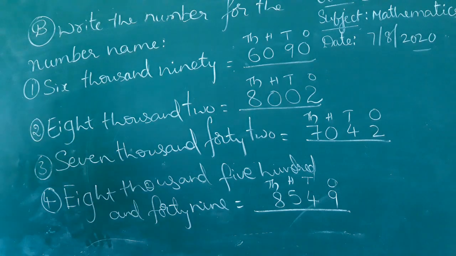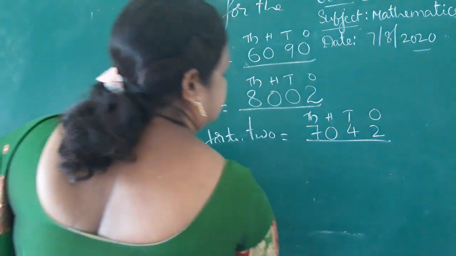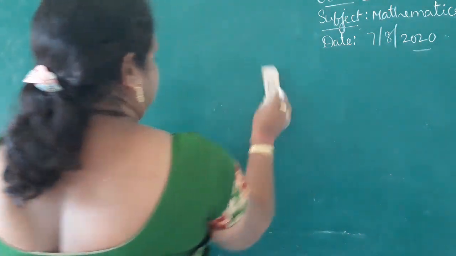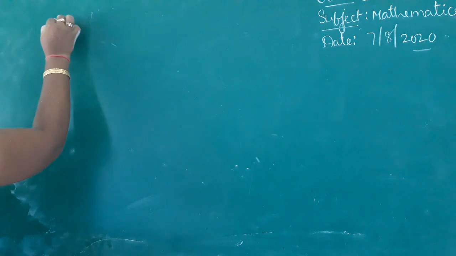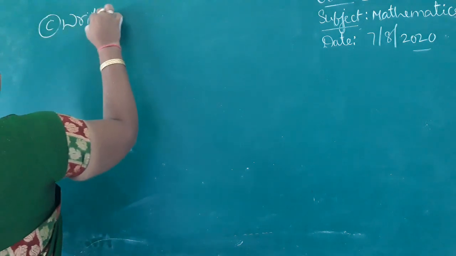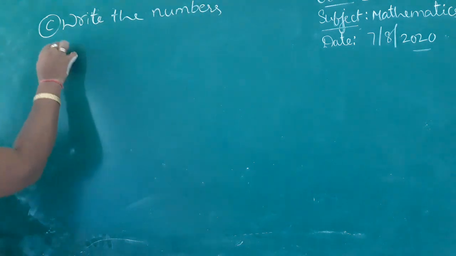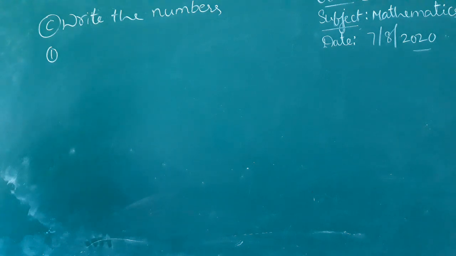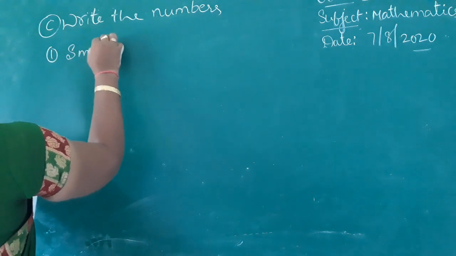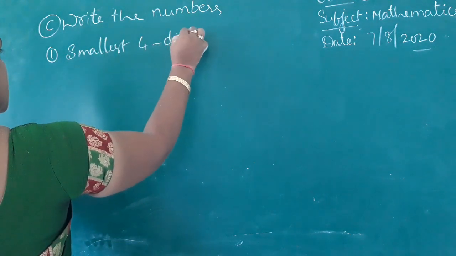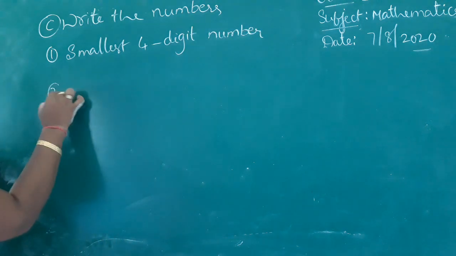Next one. Write the numbers. First one. Smallest 4-digit number. Next one.